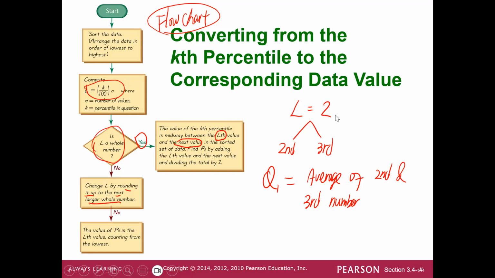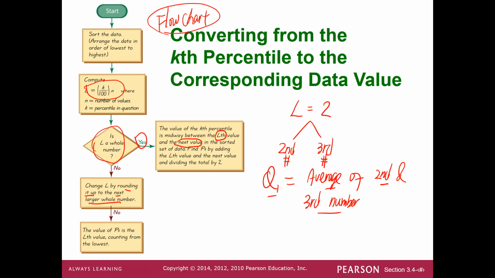Let's say the locator equals 2. The locator only gives a location, like the index of the data values we're going to use. So here the locator is 2. That means we're going to average the second number and the third number in our data set. So quartile 1 is the average of the second and third numbers.